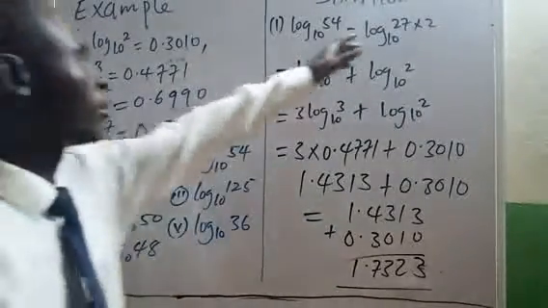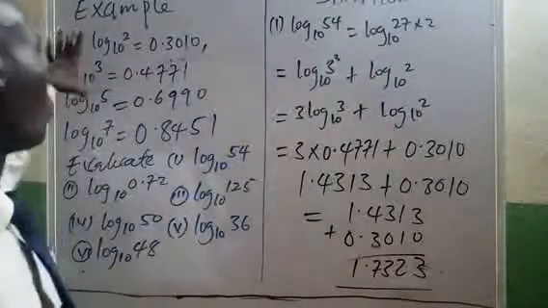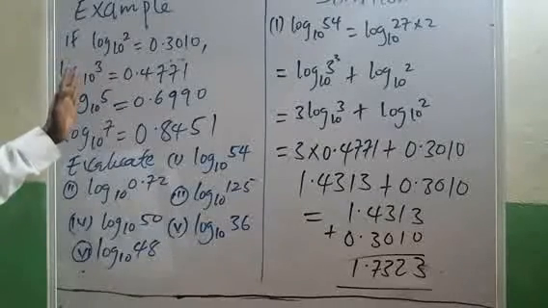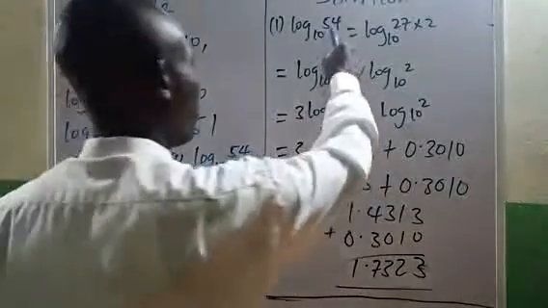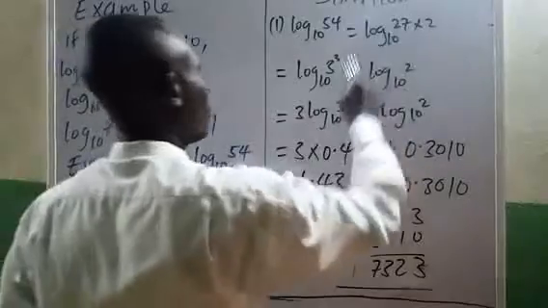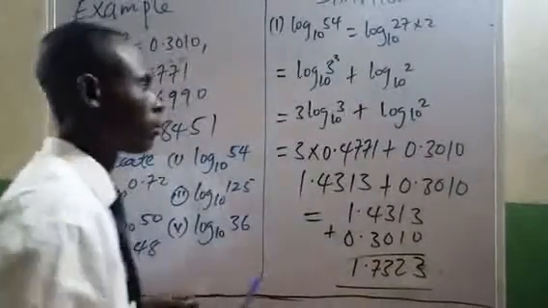Take note, we simplify in such a way that we can get those values, the logarithm values that are already given. That's exactly what we did. We have 54 is 27 times 2. 27 is 3 raised to the power of 3, and times is addition.